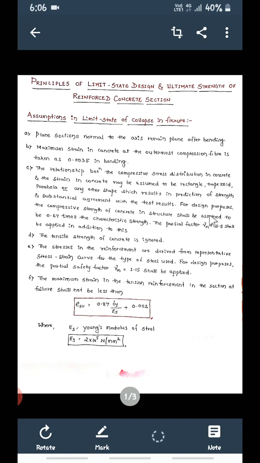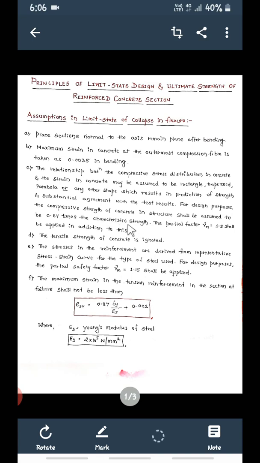For design purpose, the compressive strength of concrete in the structure shall be assumed to be 0.67 times the characteristic strength. See, this is important again. What do you mean by this? For designing all the RCC elements, the compressive strength of concrete shall be assumed to be 0.67 times the characteristic strength.